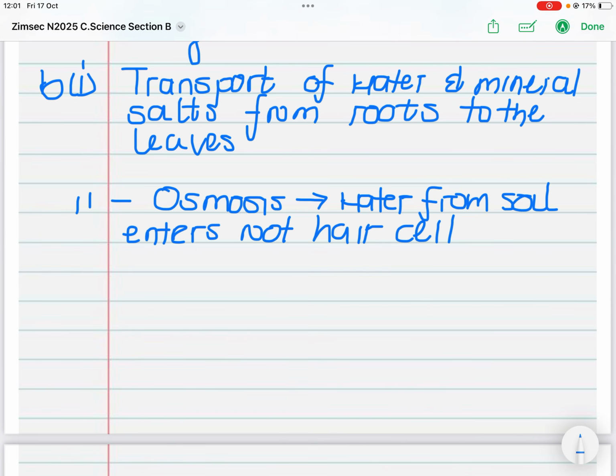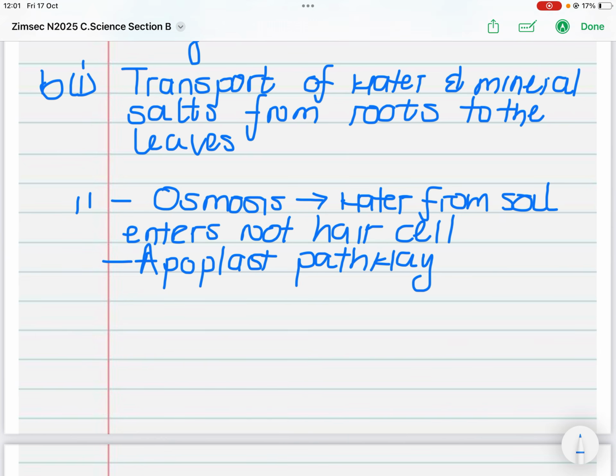And then after that, the water moves from cell to cell through the cortex of root by osmosis. This is known as the apoplast pathway. So we need to explain about the apoplast pathway.